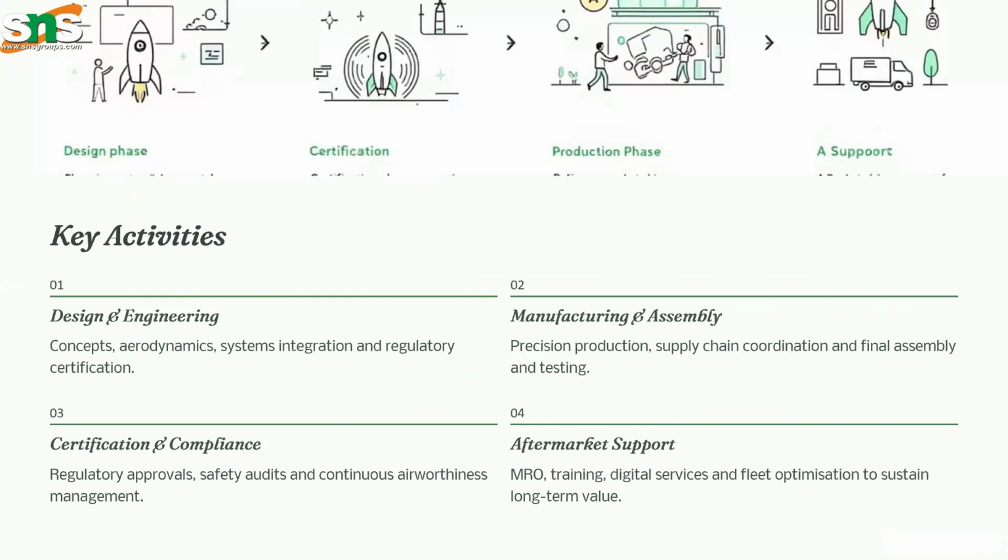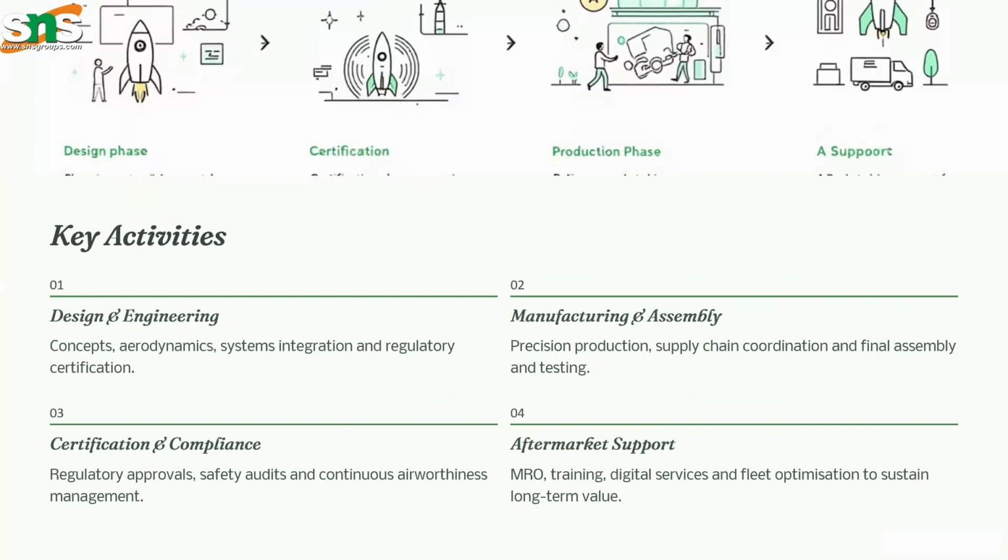Manufacturing and assembly: precision production, supply chain coordination, final assembly, and testing. Certification and compliance: regulatory approval, safety audits, and continuing airworthiness management. Aftermarket support: MRO, training, digital services, and fleet optimization sustain long-term value.